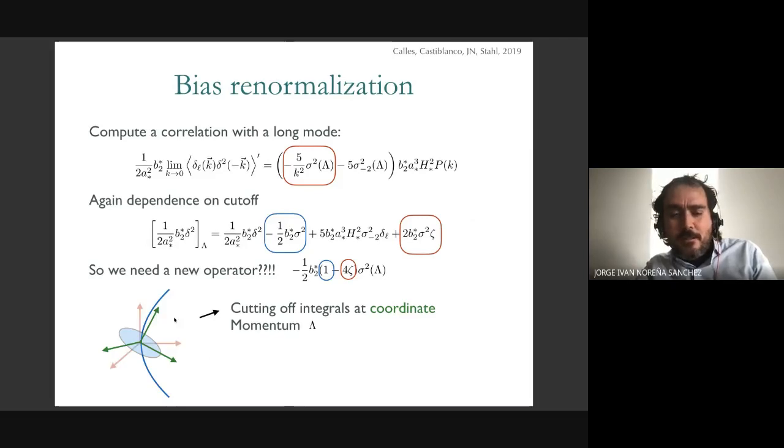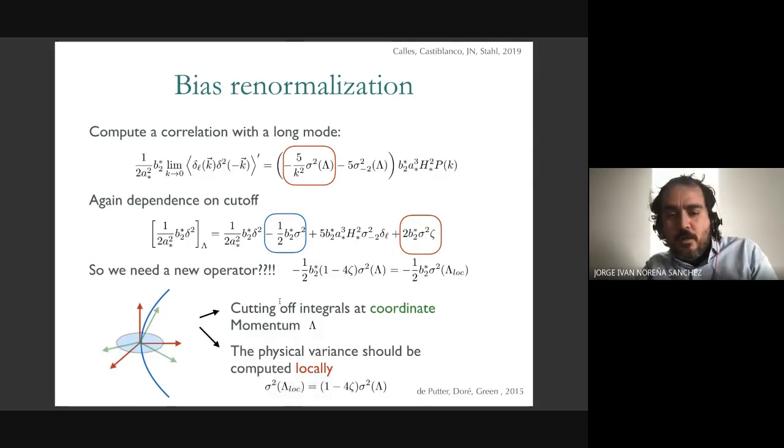But actually, these coordinates are different from your observer frame, with respect to which you should define your bias expansion, that of a local observer. So if you take one of these integrals, for example the variance, instead of cutting it off at some coordinate momentum, you should compute it at some local momentum, at some momentum in the observer's frame.